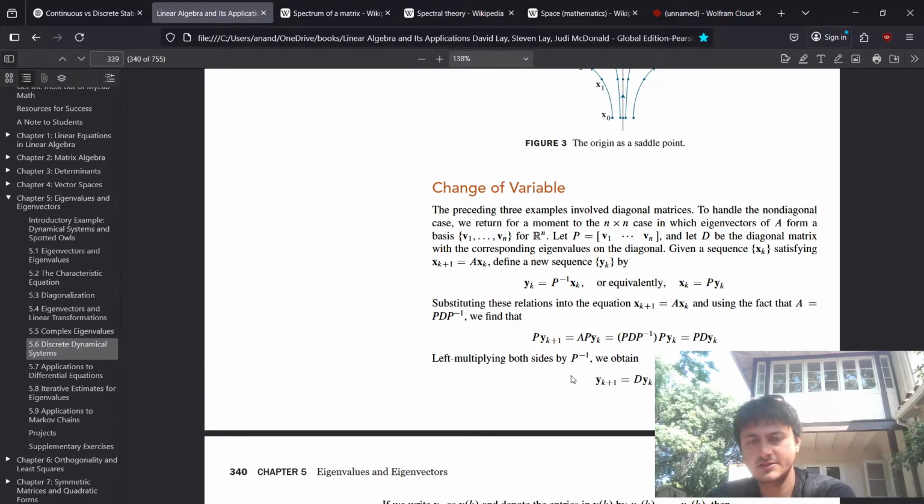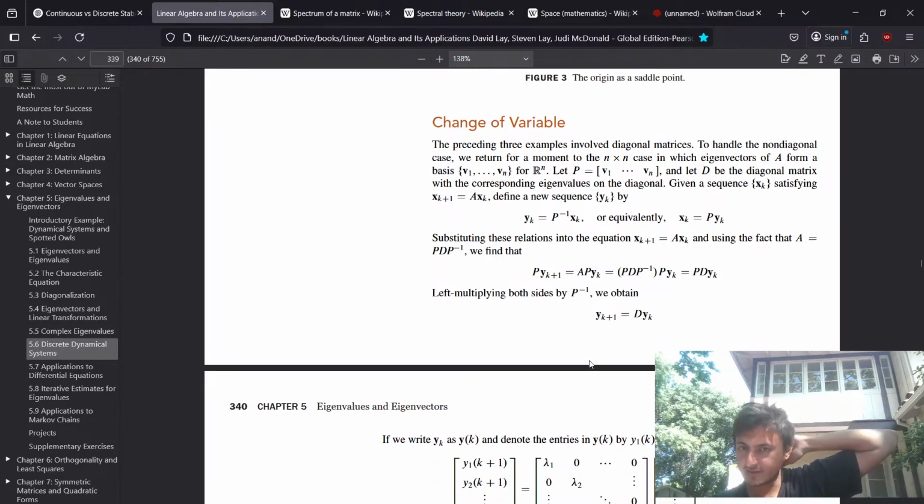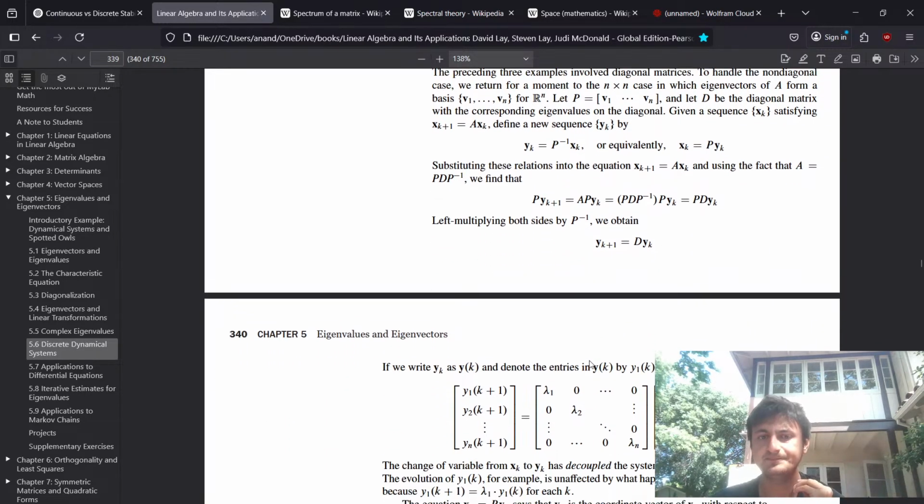This is such a roundabout way to just say that you did this change of basis onto the eigenbasis. All right, left multiplying, because these are coordinates with respect to the eigenbasis. Left multiplying both sides by P inverse, you obtain y k plus 1 is equal to Dyk.